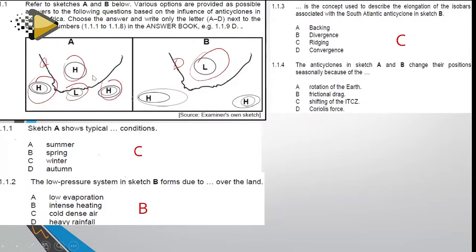The anticyclones in sketch A and B change their position seasonally because of the shifting of the ITCZ. So when it is winter in the southern hemisphere, it means it is summer in the northern hemisphere.